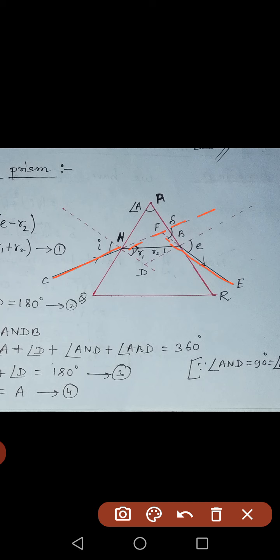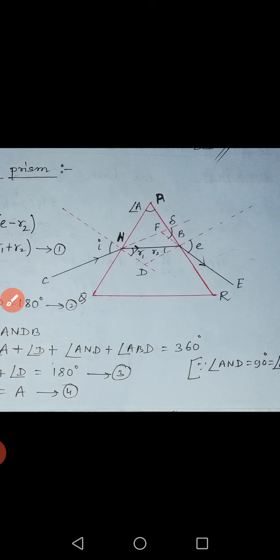If you extend this emergent ray, here it forms an angle. This angle is the angle of deviation, given by delta. So these are the angles we generally get in a prism.